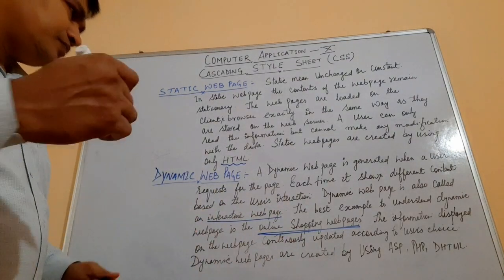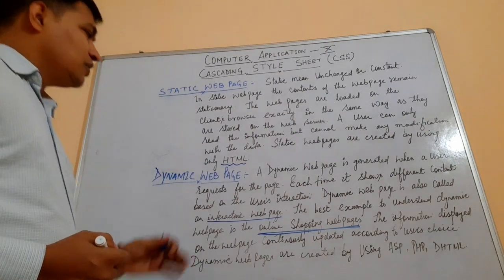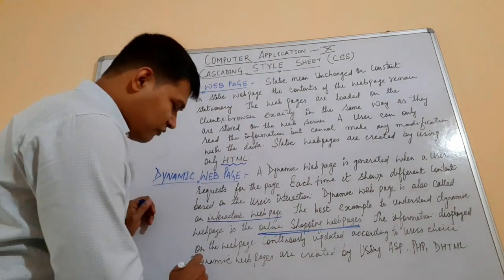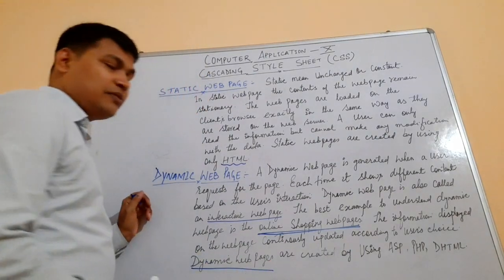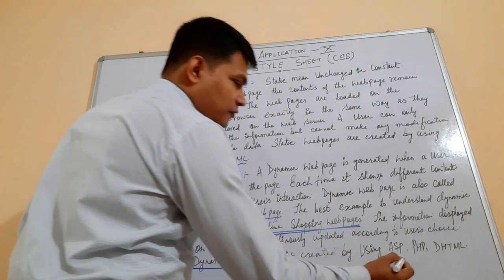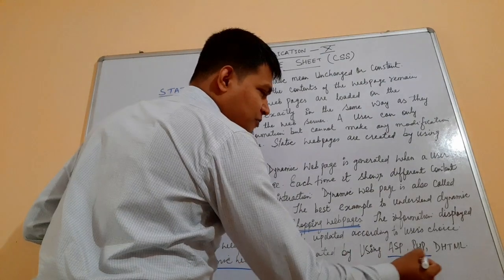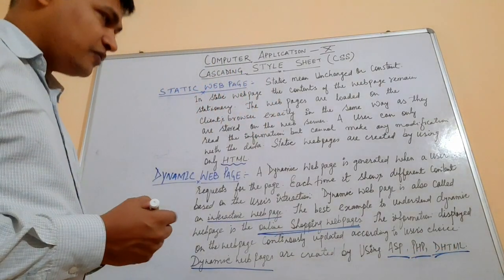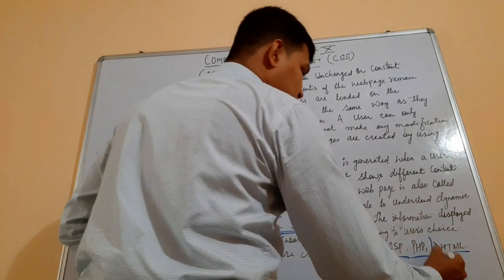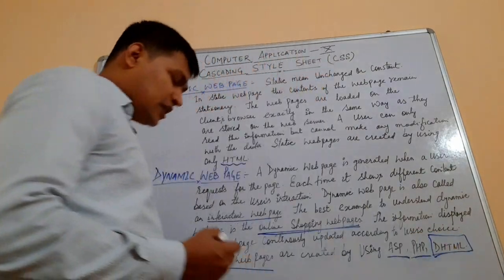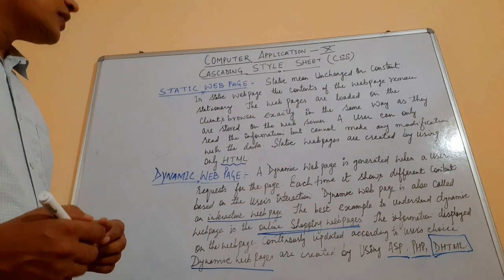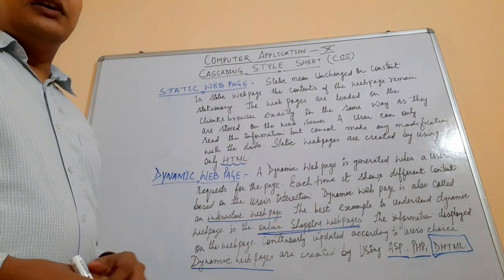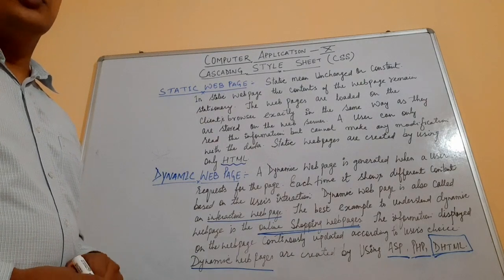Students, in HTML you cannot do it, but a dynamic web page can be created using ASP, PHP and DHTML. These are the advanced versions of HTML, called DHTML, that help us to create a dynamic web page where the user can modify the information according to their wish.